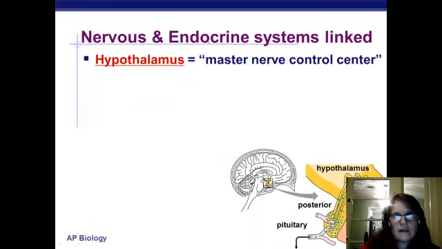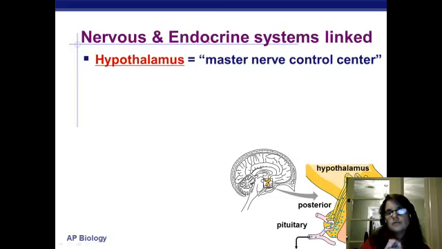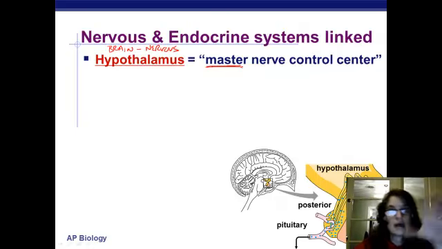Now, we do need to focus closely on how the nervous system and endocrine system interact, and they do so very importantly. The hypothalamus is nerves. It is part of the brain. It is nervous tissue. It is not endocrine system glandular tissue. It is the absolute master controller of the endocrine system, but it is not endocrine itself.